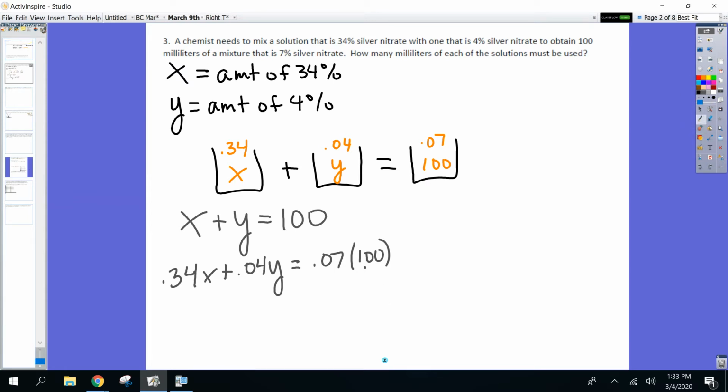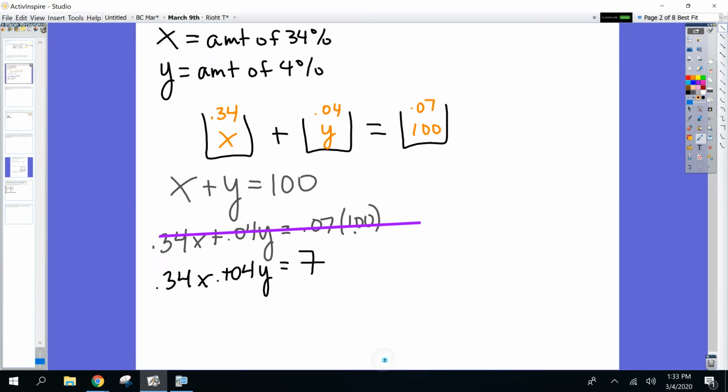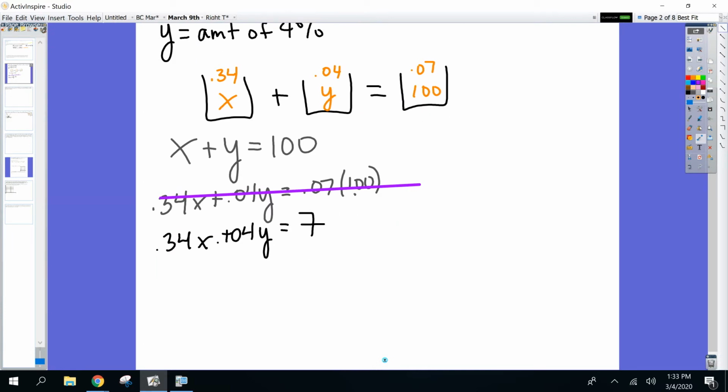So 0.34x plus 0.04y is equal to, what do you got there? 0.07 times 100. Okay, don't think you have 3 equations. I just cleaned that one up so that I'm looking at those 2 right now. All good there? We okay on how to solve them?